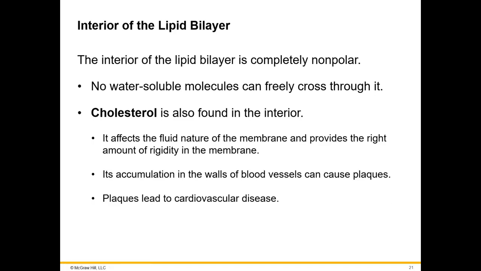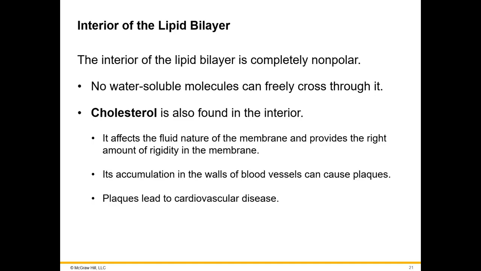The interior of that lipid bilayer is completely nonpolar. That's where our lipids are. So it will not be water soluble, and no water soluble molecules will be able to freely cross through it.